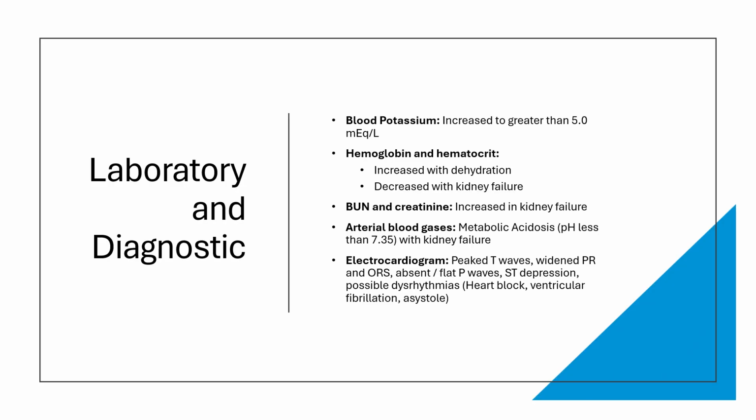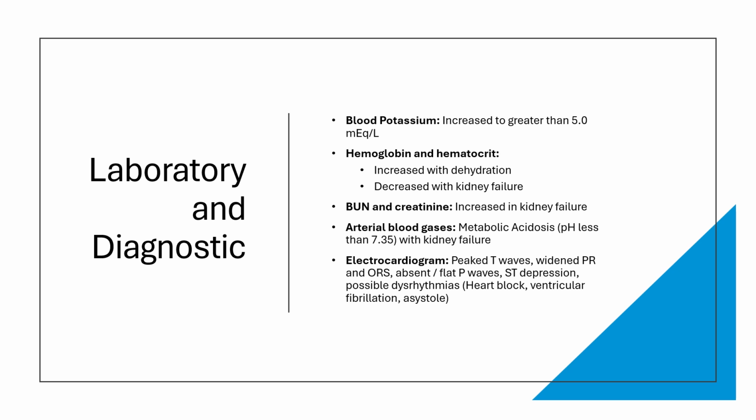So your labs and diagnostics: blood potassium is increased past 5. Hemoglobin and hematocrit are increased with dehydration, decreased with kidney failure. BUN and creatinine are increased in kidney failure. Your arterial blood gases show metabolic acidosis with kidney failure.